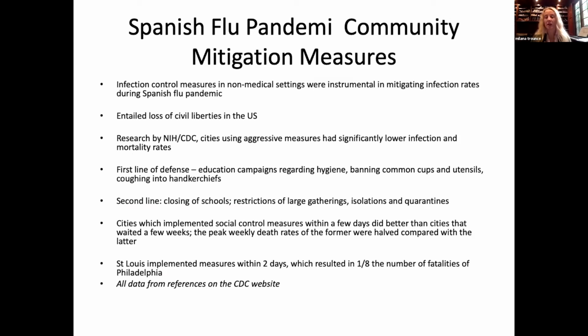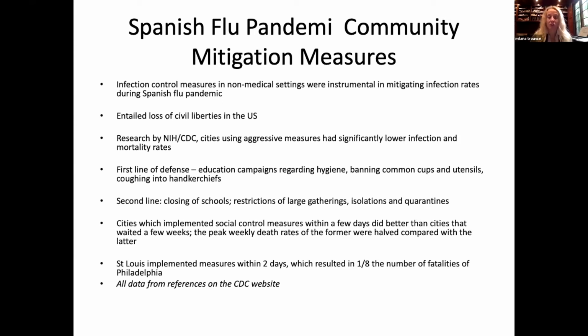And this is a hard pill for a country to swallow. So how we approach this is a little bit different. But the first line of defense was educational campaigns regarding hygiene, banning common cups and utensils, educating people on proper ways of coughing. And the second line of these community mitigation measures were things like what we see now: closing of schools, restrictions of large gatherings, isolation and quarantines.